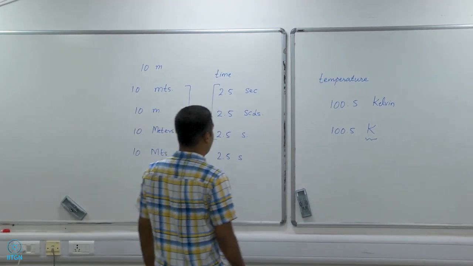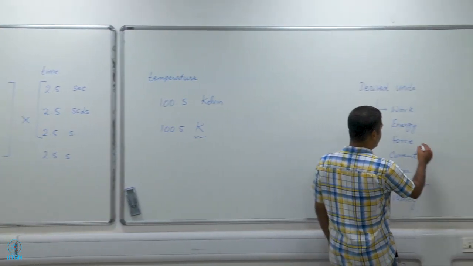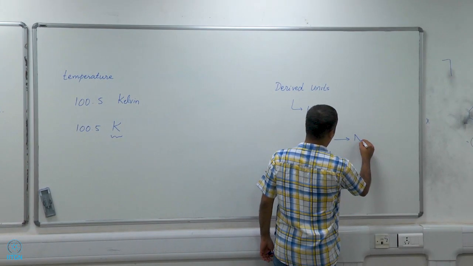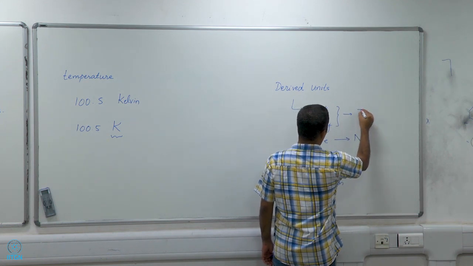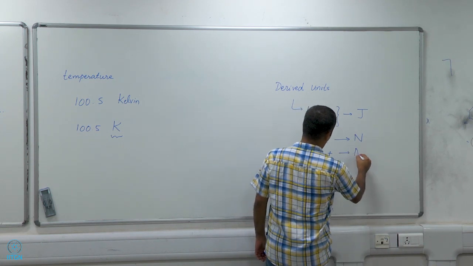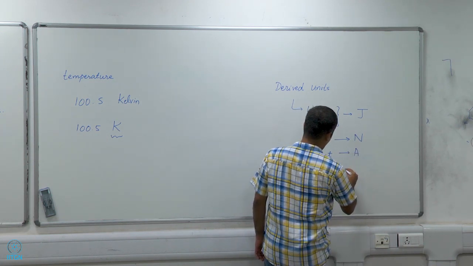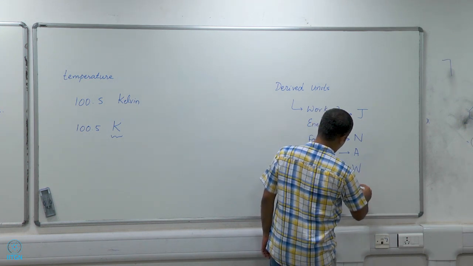So, for example, if I have a force, what is the unit of force? Newton. That is a scientist's name. Unit of energy and work? Joule. And unit of current? Ampere. Power? Watt. Acceleration? That is meter per second square.